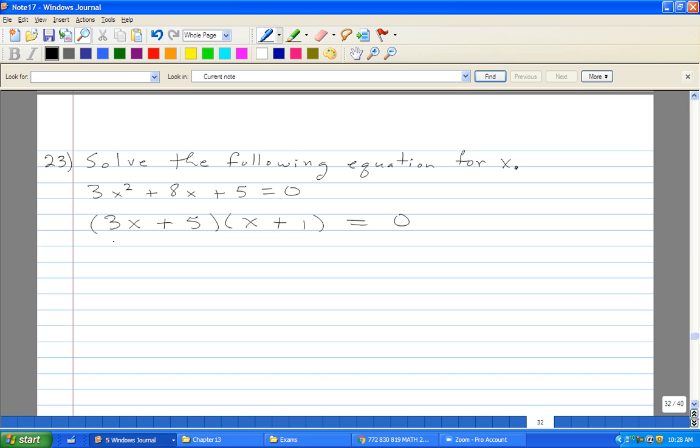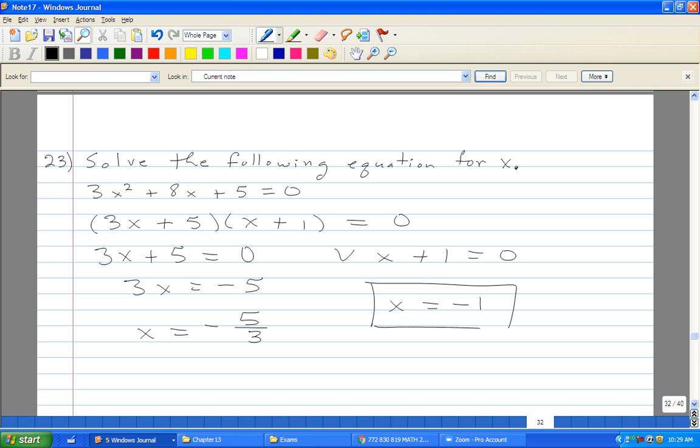Set each factor to 0 and solve for x. Subtract 5, divide by 3, subtract 1, and so either x is equal to -1 or -5/3.